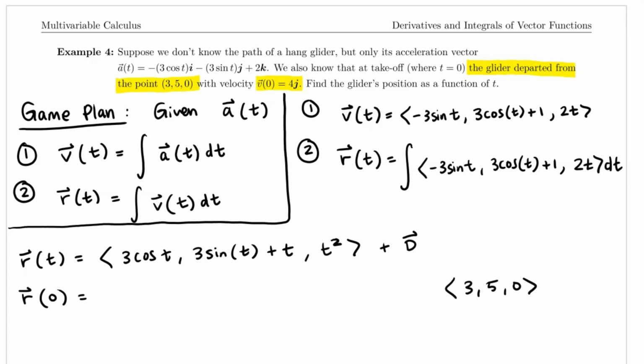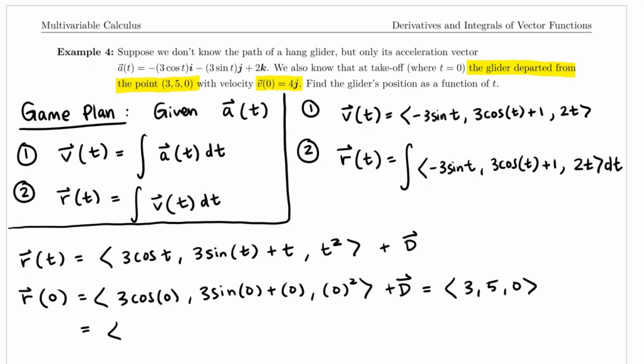So let's go ahead and plug in 0. All right, 3 times cosine of 0, that is 3, and then the other two components are going to be 0.